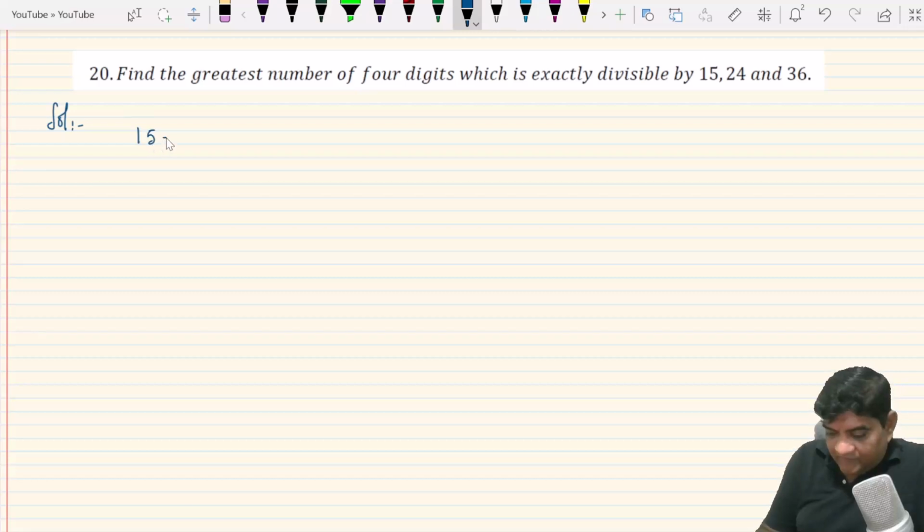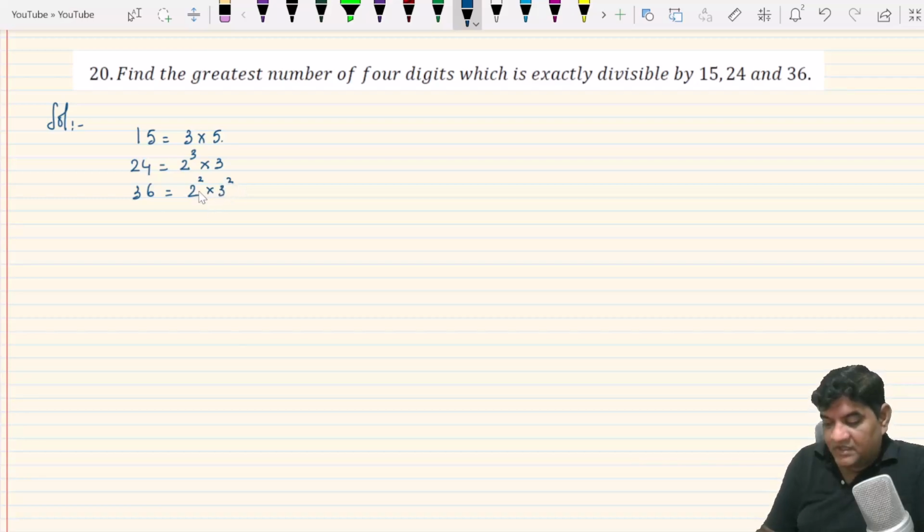So I'm going to write 15 as 3 into 5, and 24 as, I know 24 is 8 into 3, 8 is 2 cube. So this is 2 cube into 3, and 36 is nothing but 6 square, and 6 can be written as 2 into 3. So that's 2 square into 3 square. 9 4s are 36.